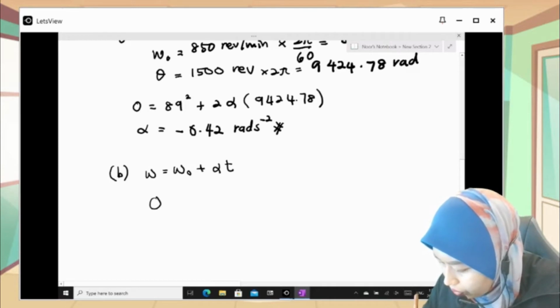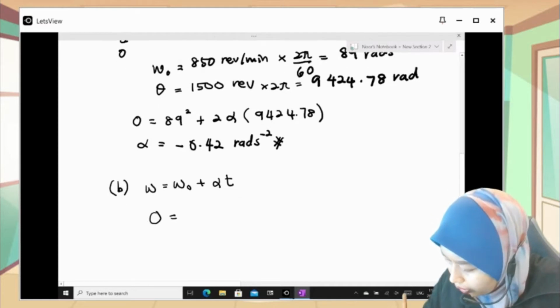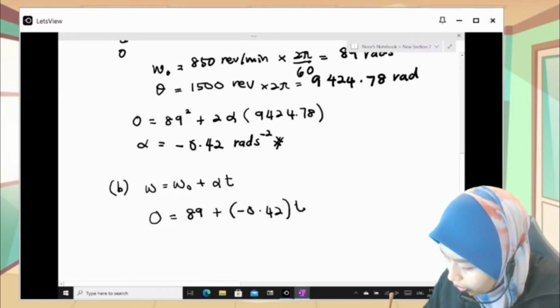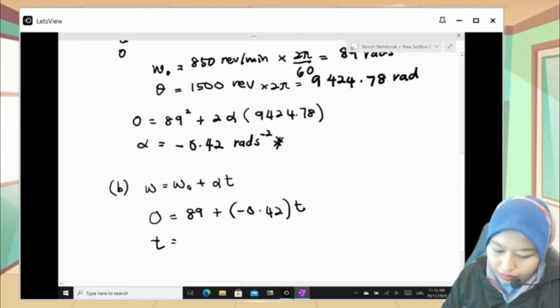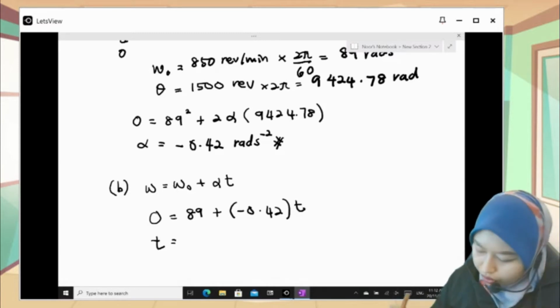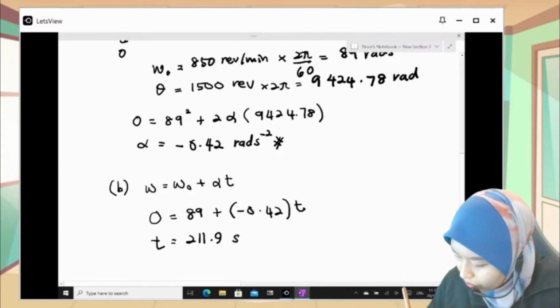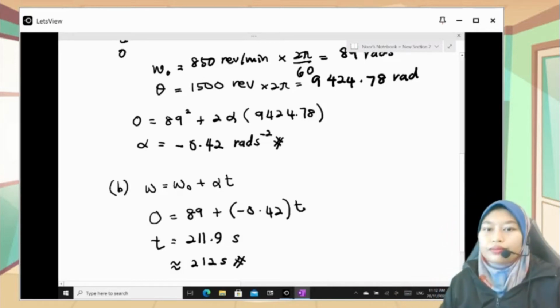Omega is 0, omega naught is 89, alpha is negative 0.42, and we need time. Therefore the time is 89 divided by 0.42, so we got 211.9 seconds, or maybe 212 seconds. Okay, number 6 is so easy.